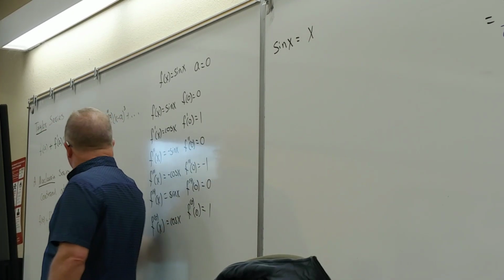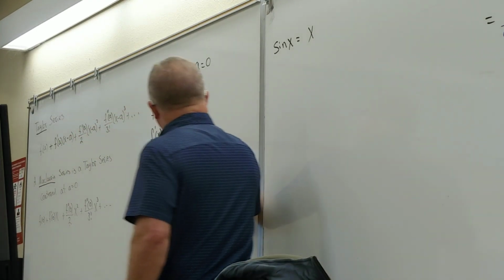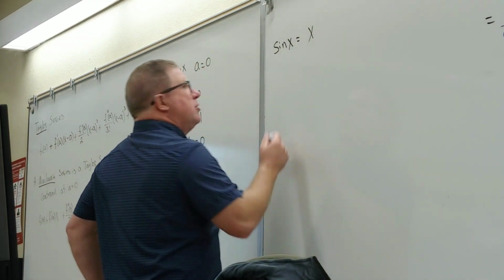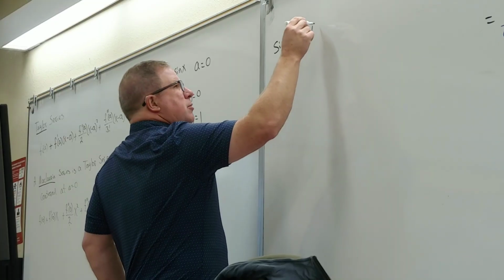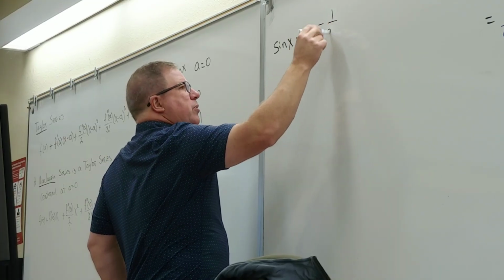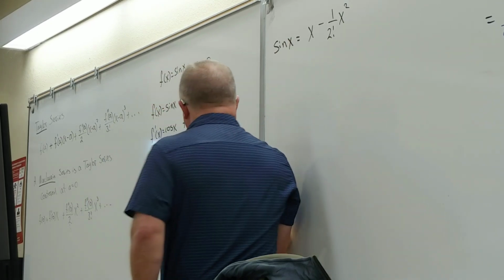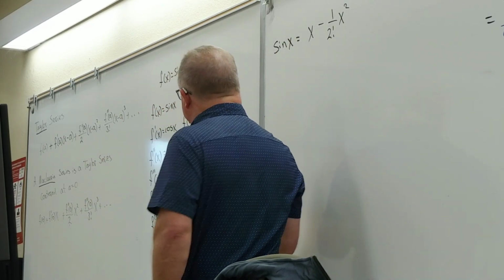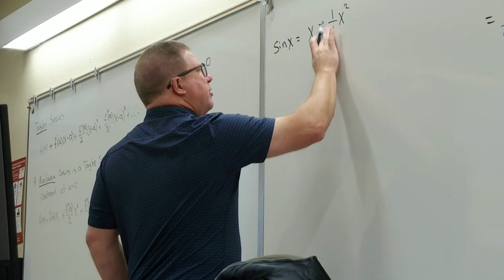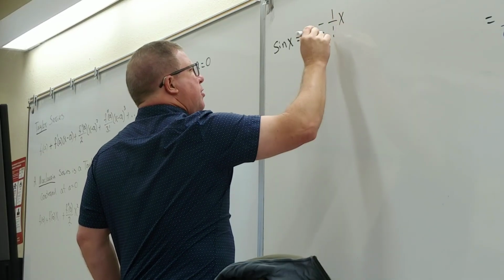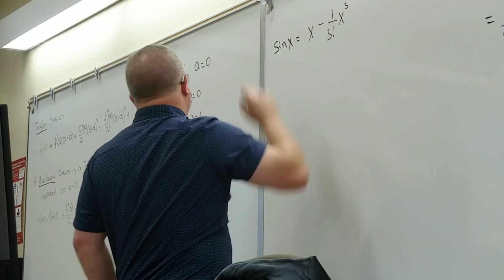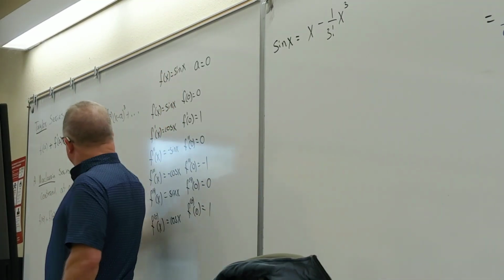Now, f triple prime of 0. We got negative 1. So that is minus 1 over 2 factorial x squared. X cubed, I'm sorry. Got this messed up. 3 factorial x cubed. That happened right here.